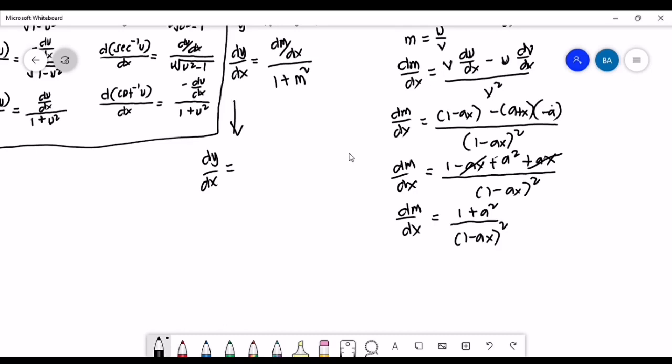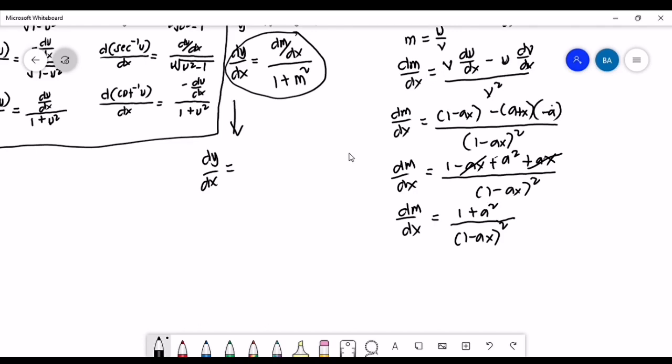So again, we need patience. Let's now substitute this. Let's solve using our general formula, dy/dx equals dm with respect to x divided by 1 plus m squared, which is based on the third formula that we had.